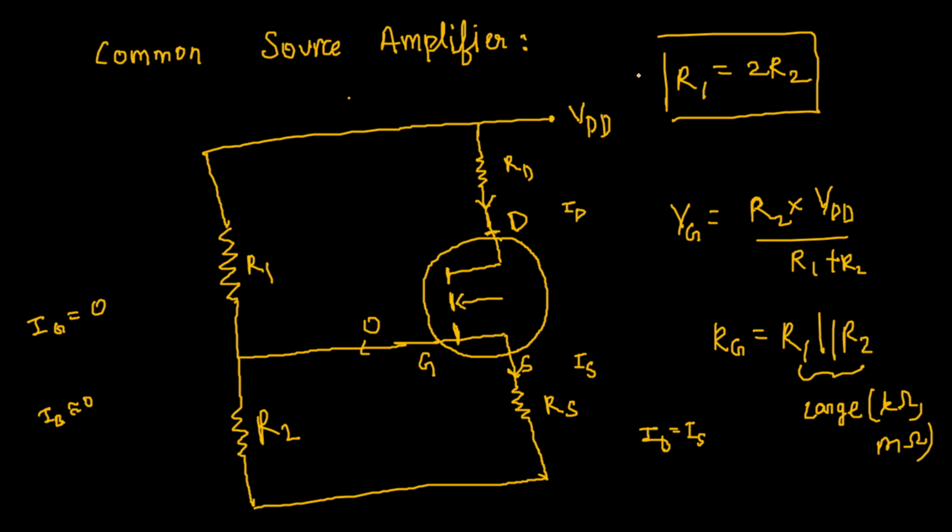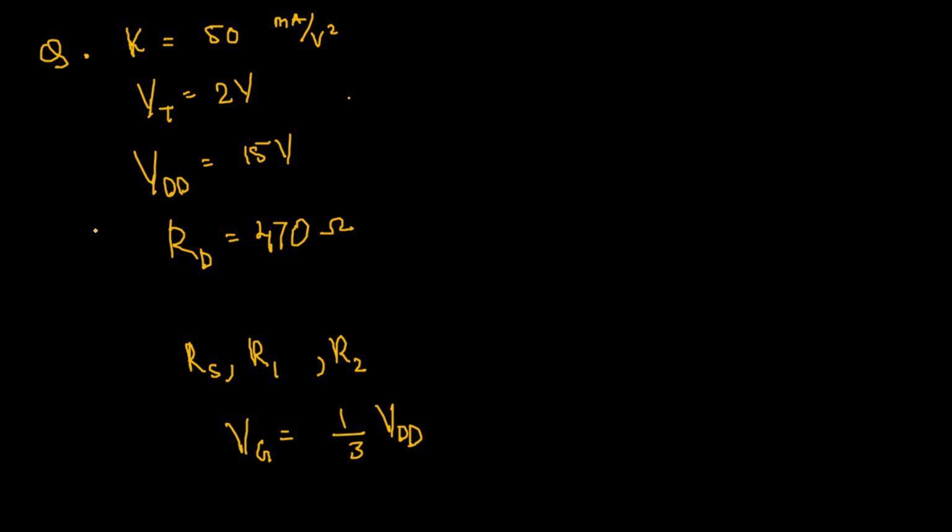The first one is R1 is equal to 2R2, and the second one is VD is equal to VDD divided by 2. This is another approximation that we take, and this does help us in solving questions when the data given is inadequate for us to solve it. So yeah, that is the first concept that is actually going to be applied here.